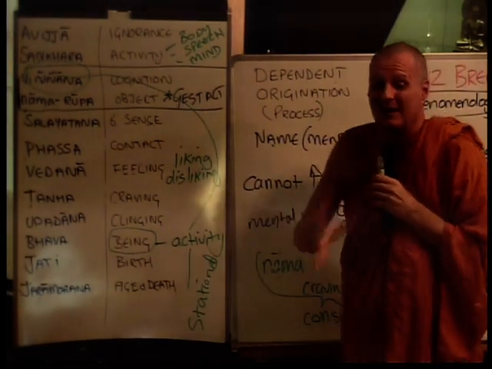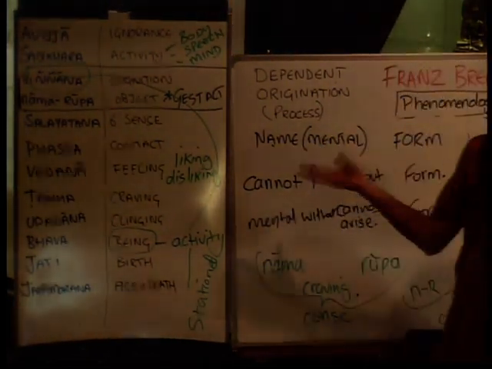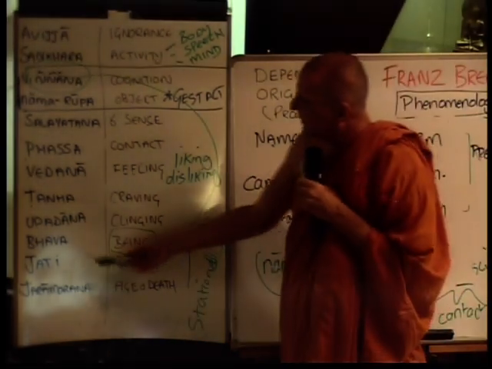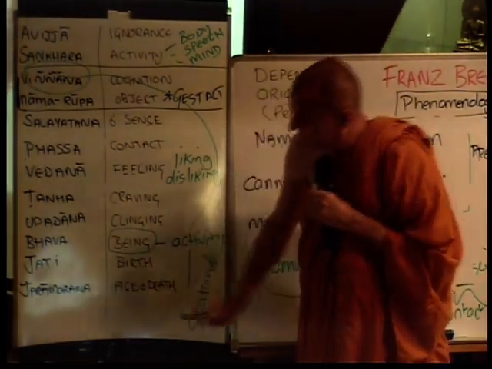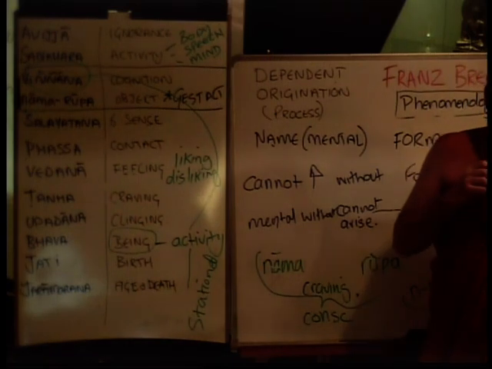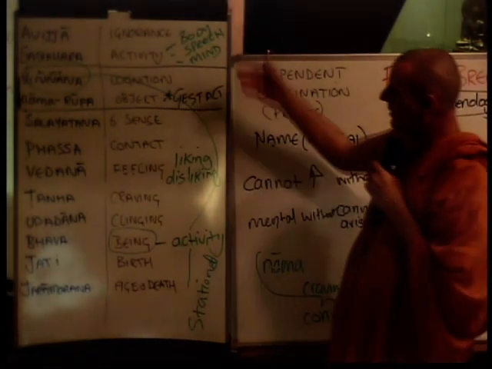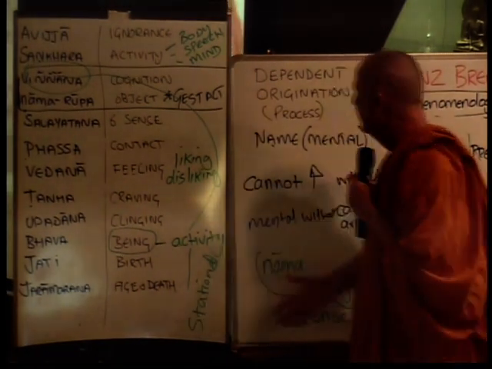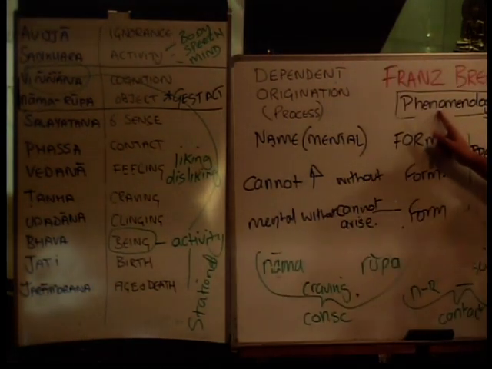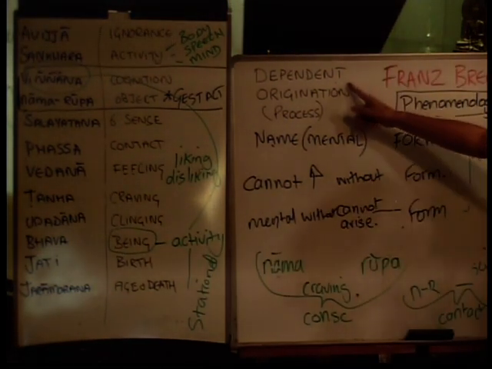How that works, I can't tell you, but that's the teaching. And because you are born, you have old age, sickness, and death will come up. So that is the phenomenological interpretation of dependent origination.